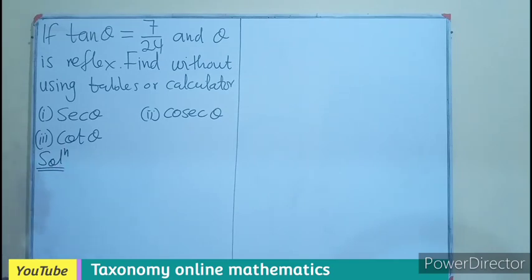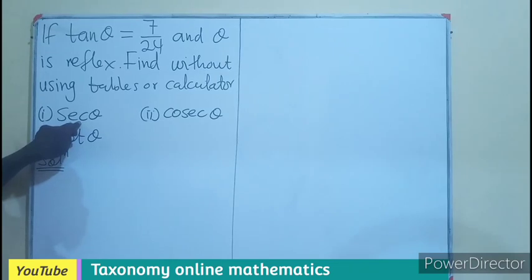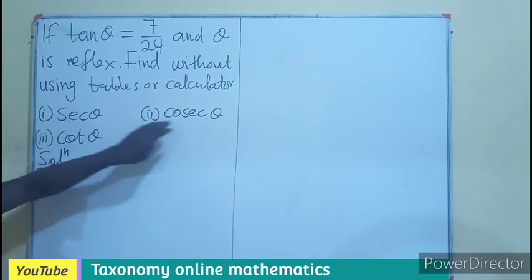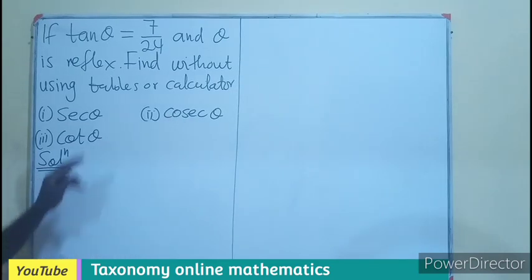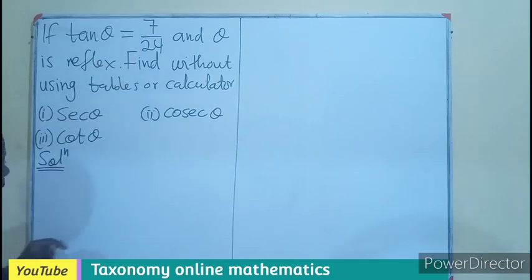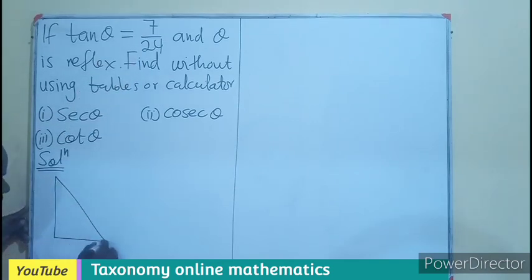The first thing first, since we are looking for sec, which is the inverse of cos, and cosec, the inverse of sine, that simply means that we need the sine and cos also in terms of fraction. So I'll be using the Pythagoras theorem.